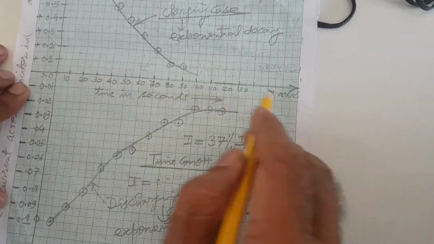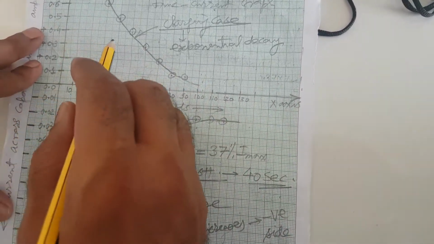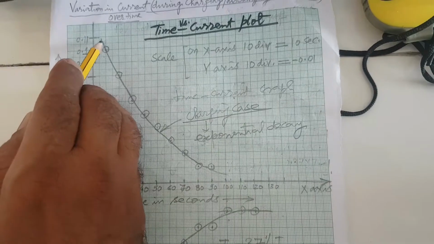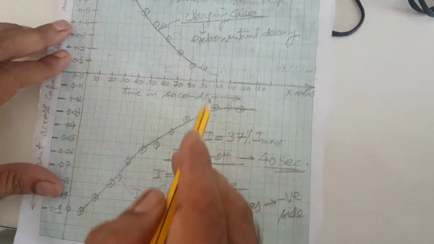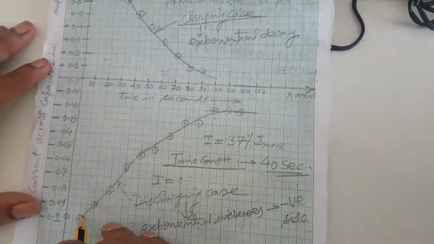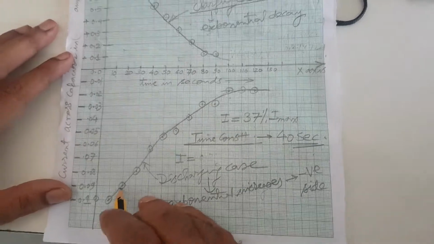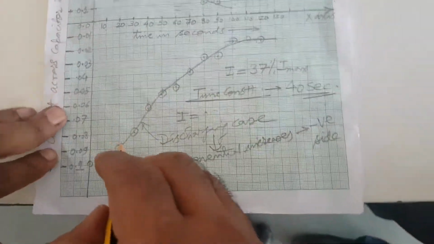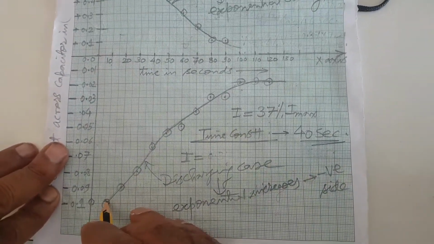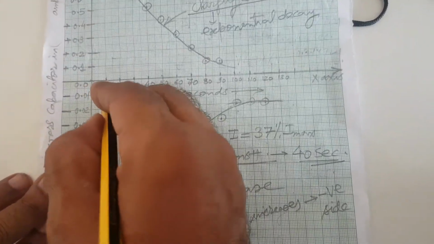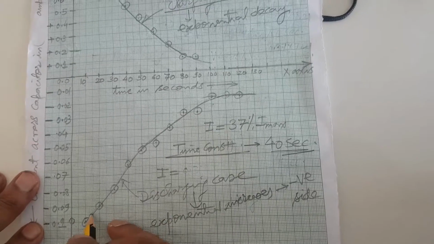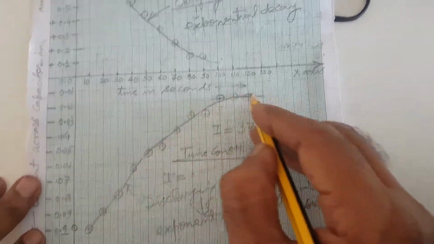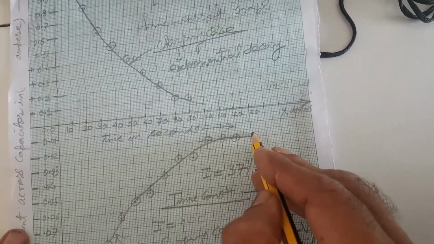Here we observe that as we increase the time, the current decays exponentially from the maximum to the minimum value. At 10 seconds the value is 0.1 ampere.